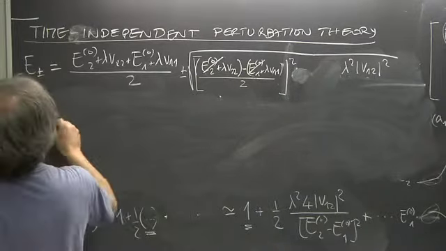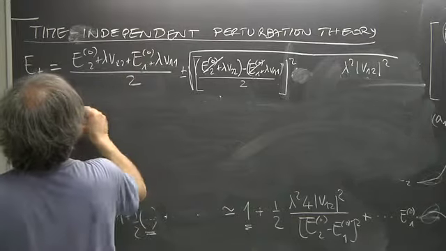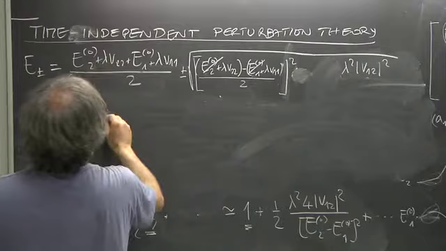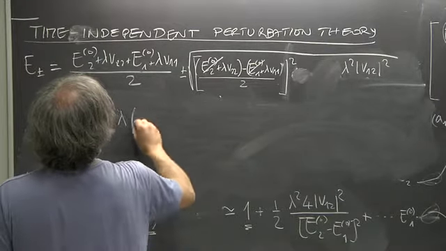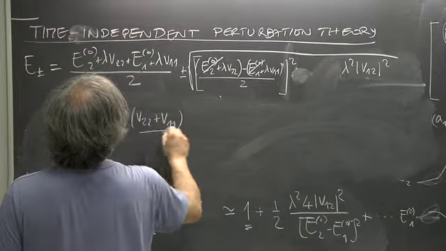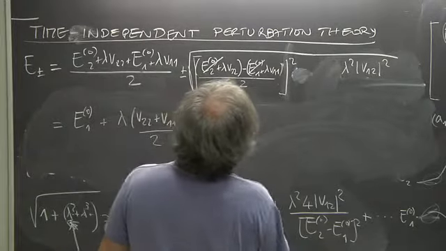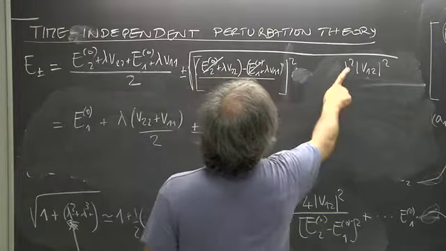So this is equal to E0 plus E1 over 2, so E0,1, the single eigenvalue, plus lambda times (V22 plus V11) over 2, plus or minus. You see that now lambda is in front of everything, so I can take lambda out.